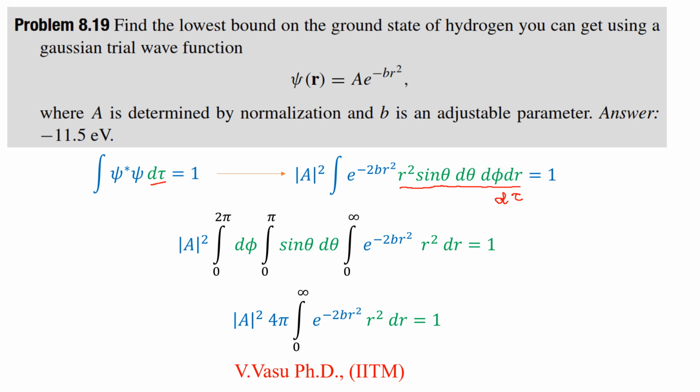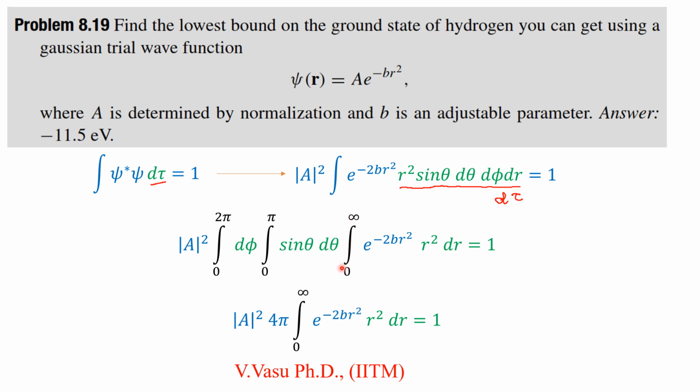Then you can integrate this. This integral will become three separate parts. That is, |A|² you have taken out. First you integrate dφ between 0 to 2π. Similarly θ is 0 to π, so you integrate sin θ dθ between the limits 0 to π.